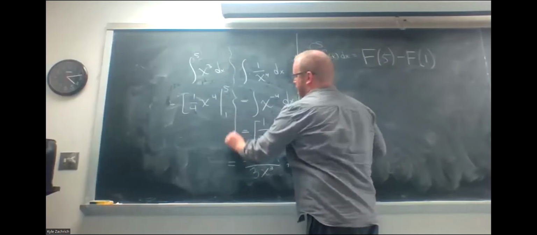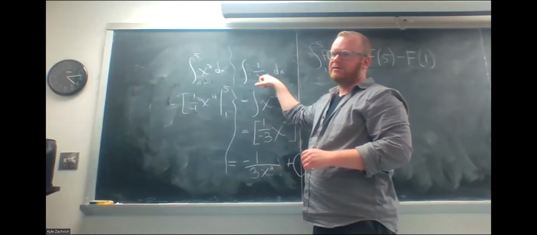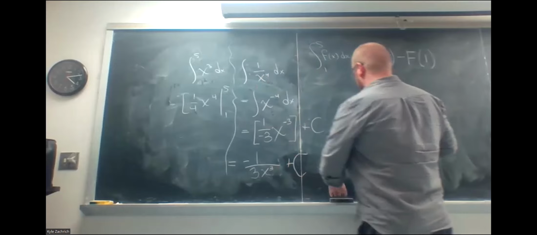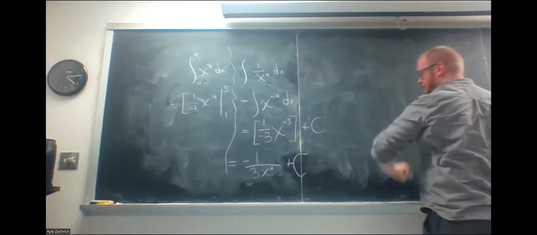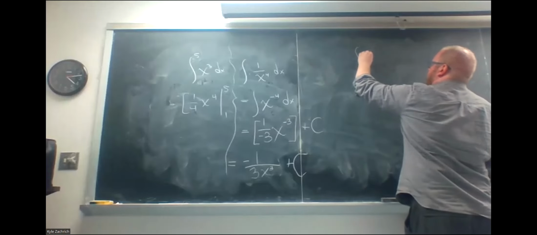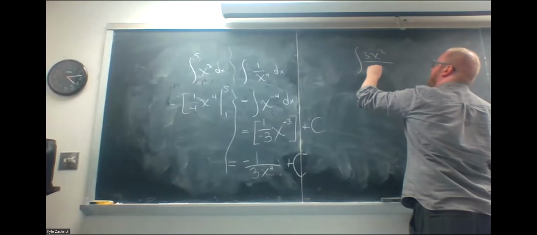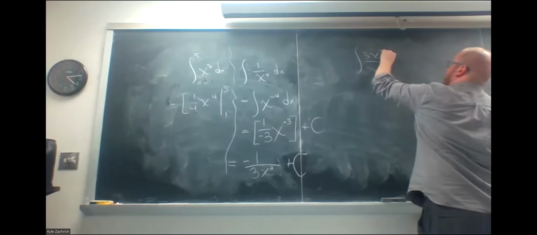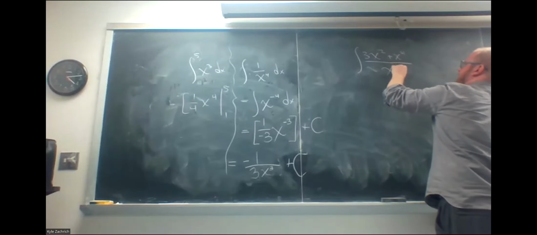But you do want to think about rewriting them, right? A lot of times you'll have to rewrite them. Another example where you might have to rewrite something would be if you have this integral of 3x squared plus x to the 4th, divided by x to the 7th.